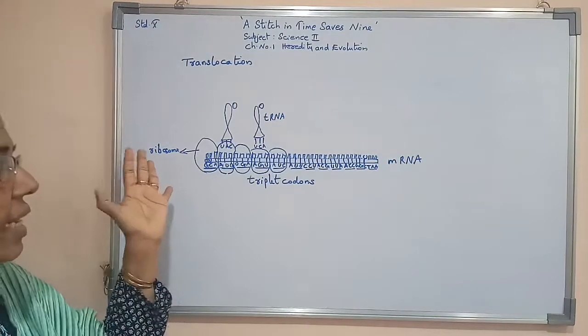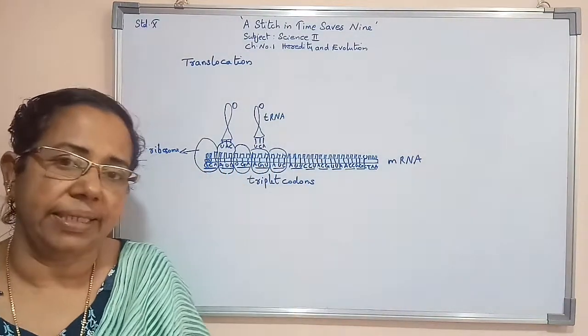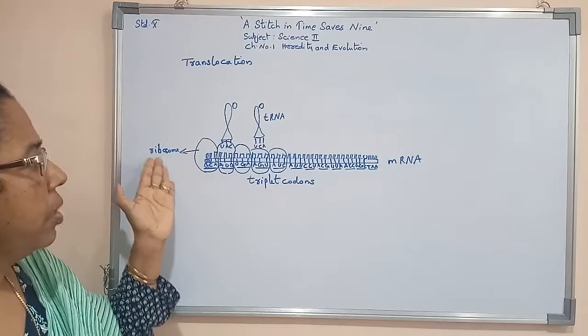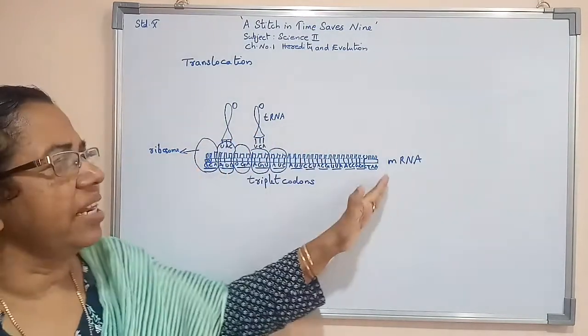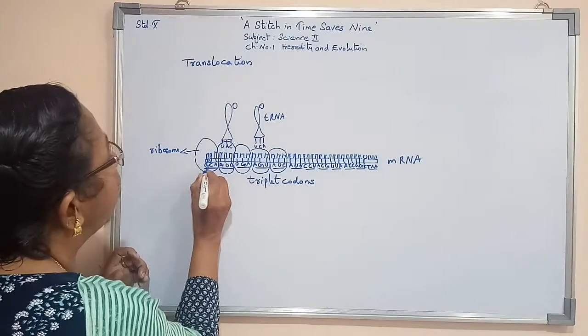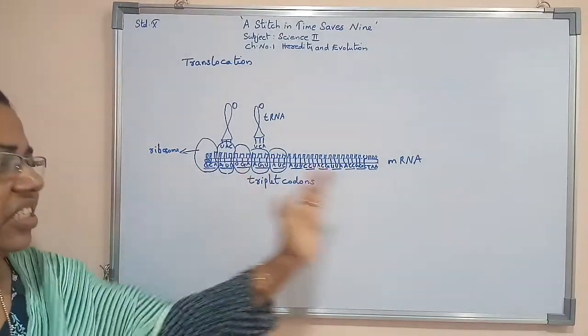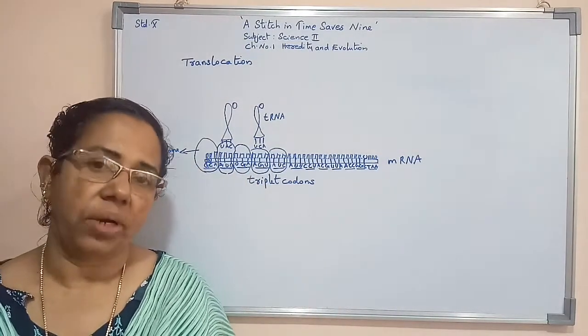So we can say that during protein synthesis, the ribosome moves from one end to the other end of mRNA at the distance of one triplet codon. This is known as translocation.